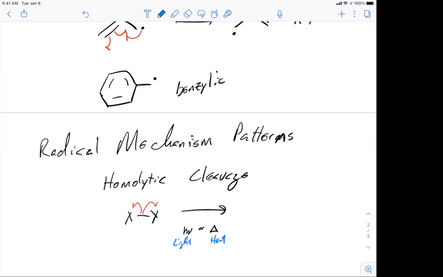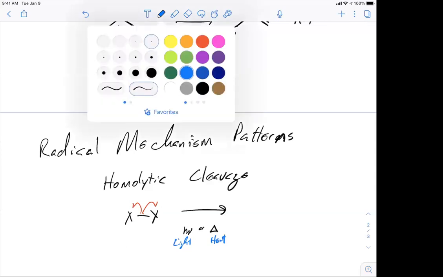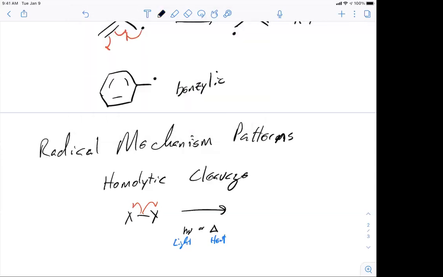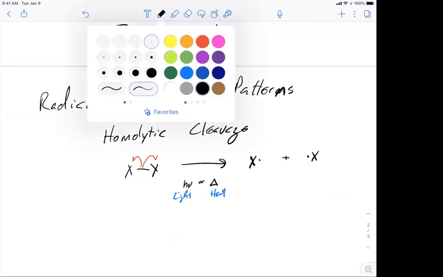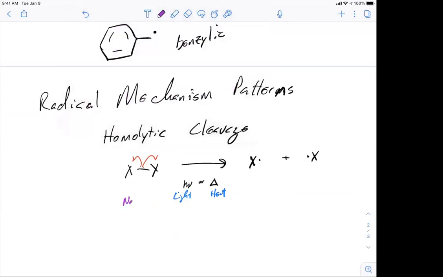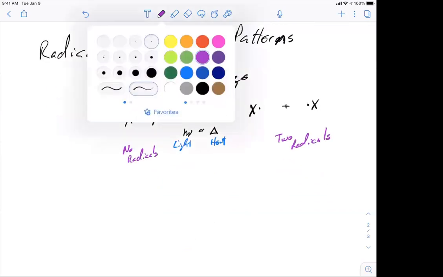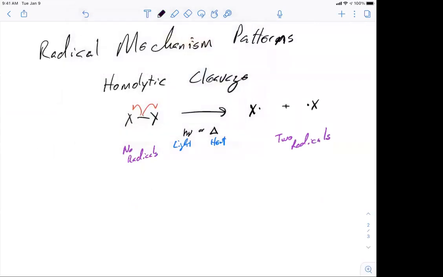Light doesn't do much to them, but light will cause a homolytic. So you'll see light used as an energy source here to get these reactions started. Right, and so homolytic cleavage results in going from no radicals to two radicals. And that's going to be an important distinction in a second.